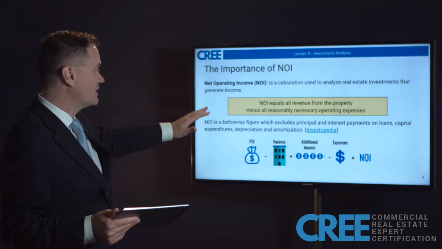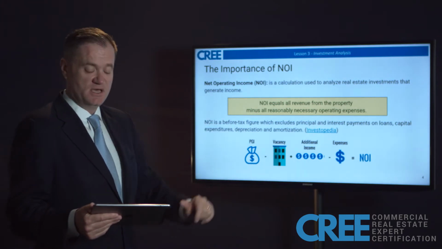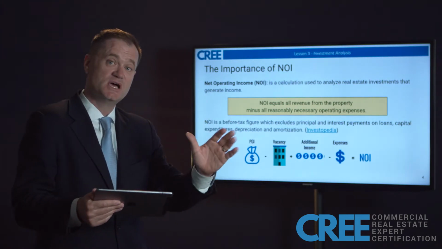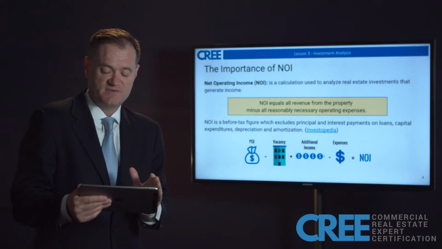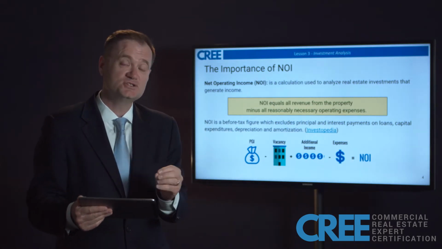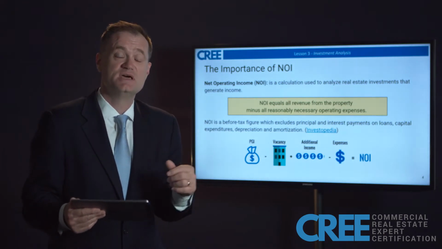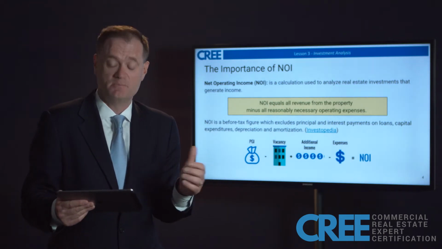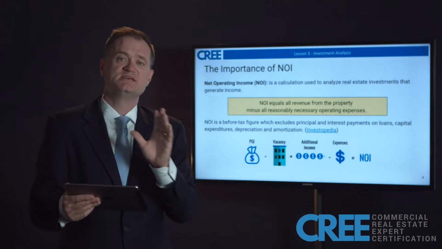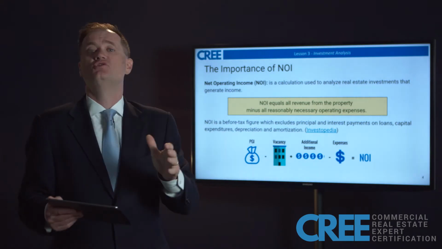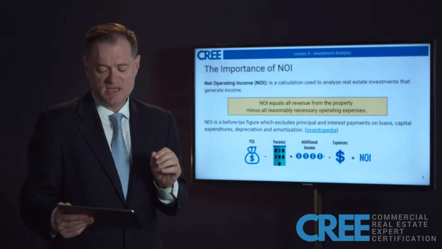And we've got a little graph here that will explain exactly: PGI, potential gross income, minus your vacancy, plus any additional income. Some properties do have additional income that's different than your normal standard tenants that pay. Minus expenses equals NOI. You've got to know this formula inside and out.